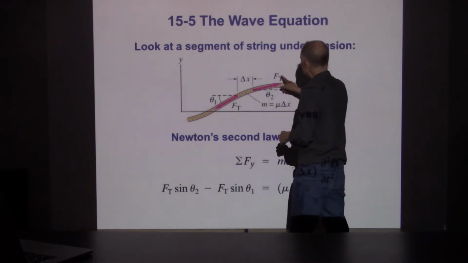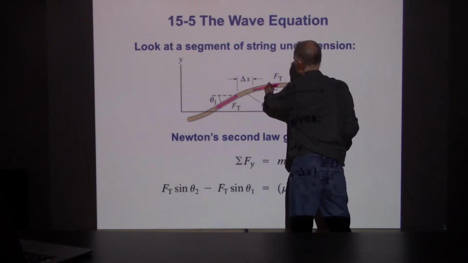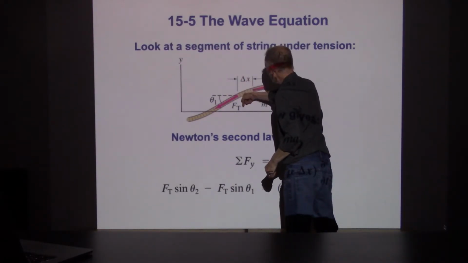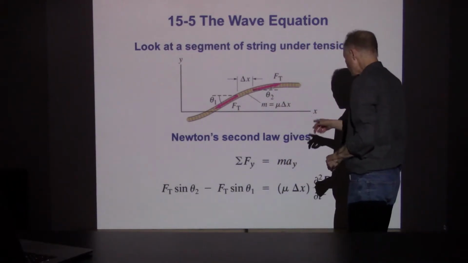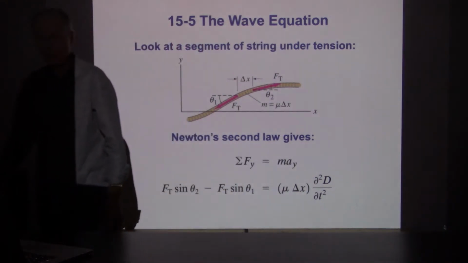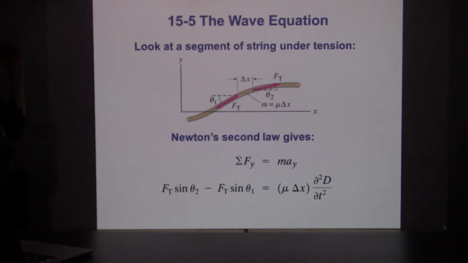And so the net effect of a force here and a force here is to bring the string back towards equilibrium. And that's what they're trying to show here. Now, I always feel like these derivations are a little suspect. They always feel a little bit more like a plausibility argument rather than a really firm derivation.